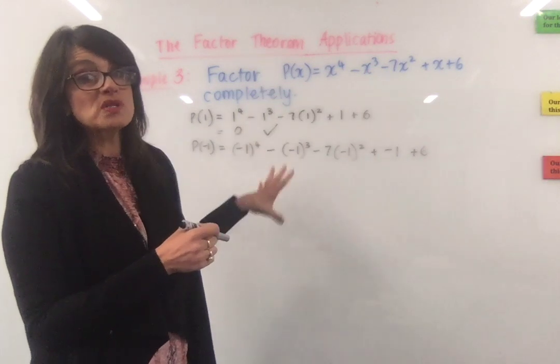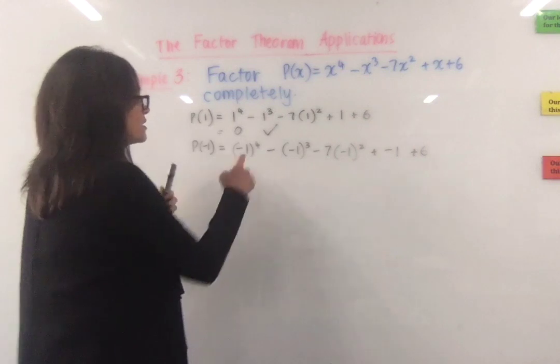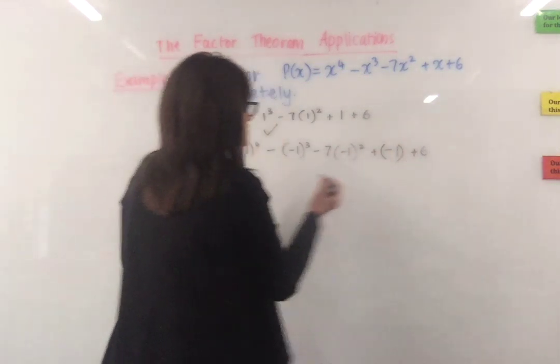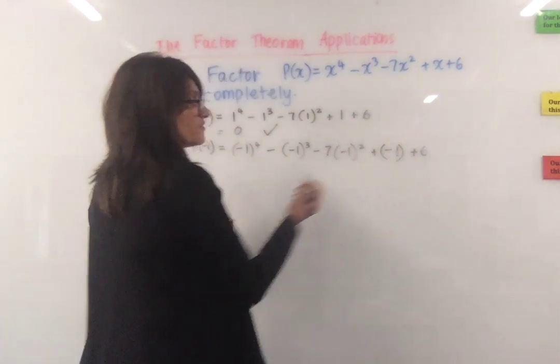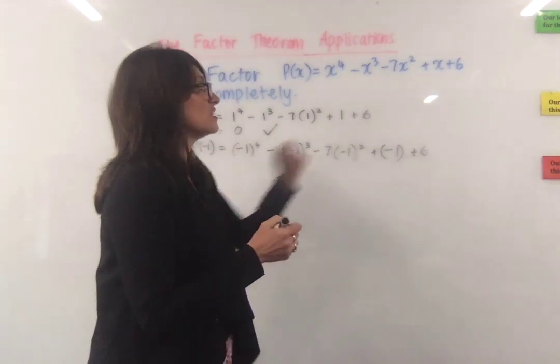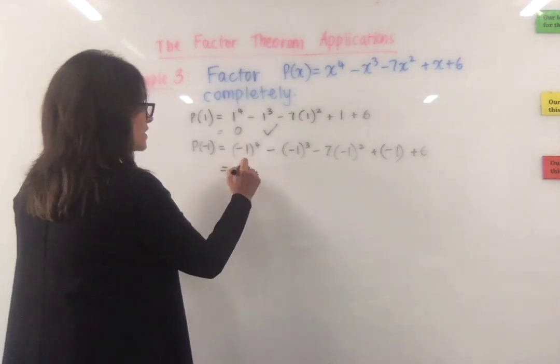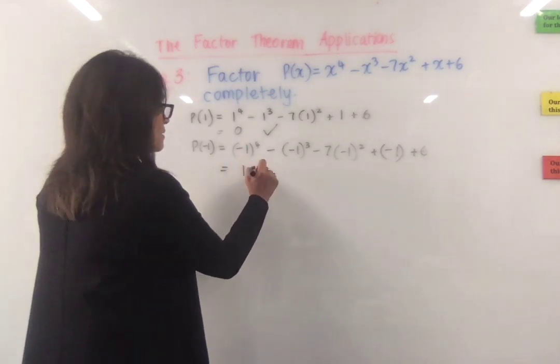So you can do this process really quickly using your calculator. Just keep in mind, as I've said, put what you're substituting in brackets and just change these values each time you make a substitution.